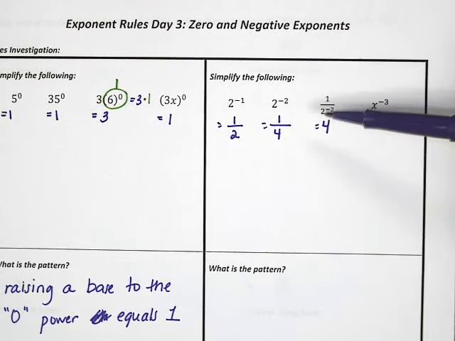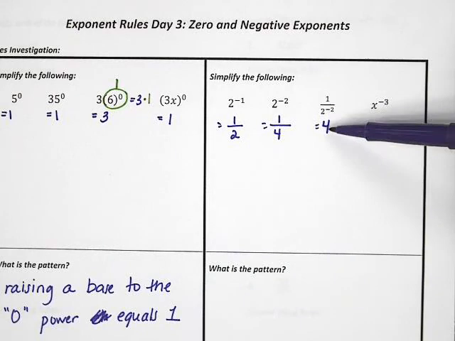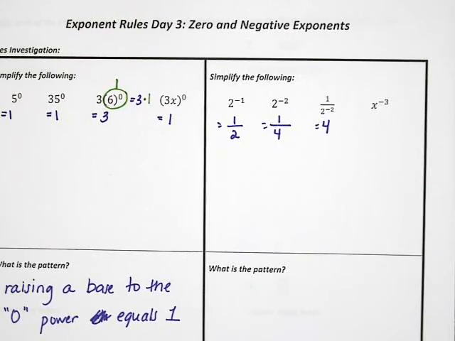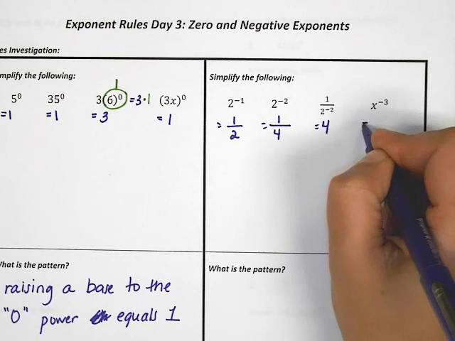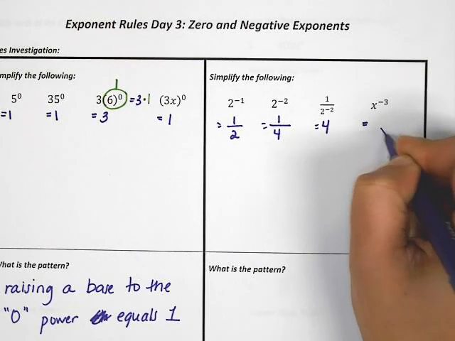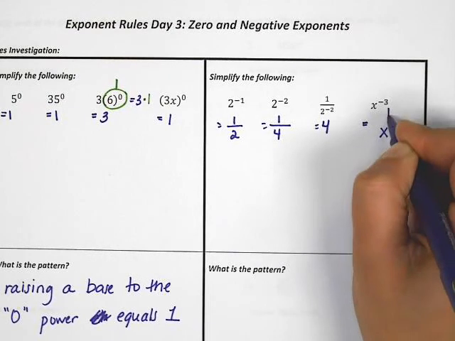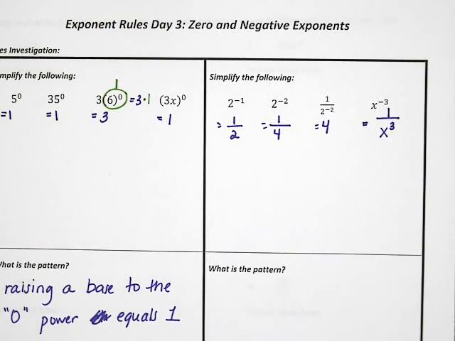I'm still going to do 2 to the positive 2 and I get 4, but then it moves to the top and it becomes a regular 4 instead of a 1/4. So it looks like that negative on the exponent is another way of saying move where this is located. So x to the negative 3 would be the same as x to the positive 3. It would just be on the bottom of a fraction.